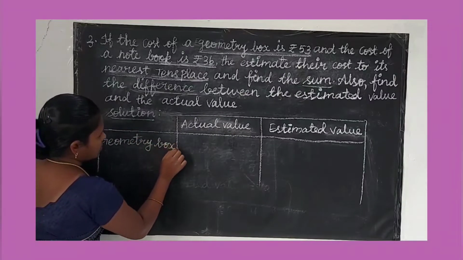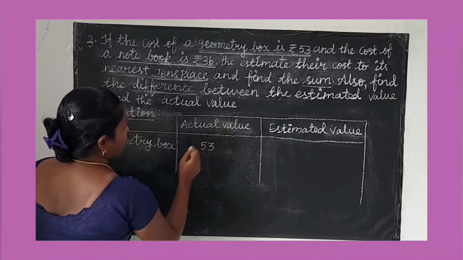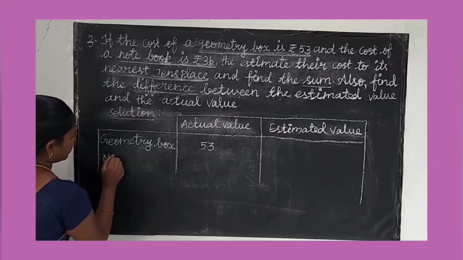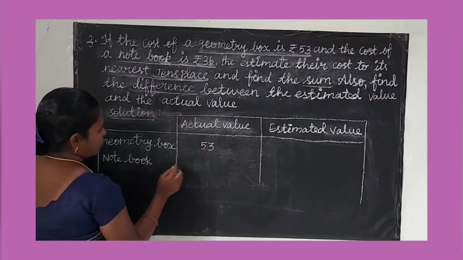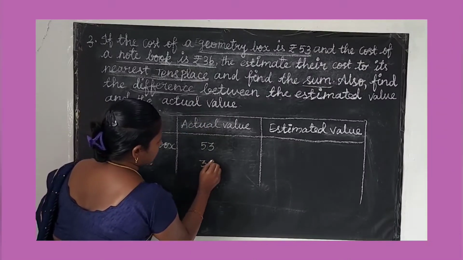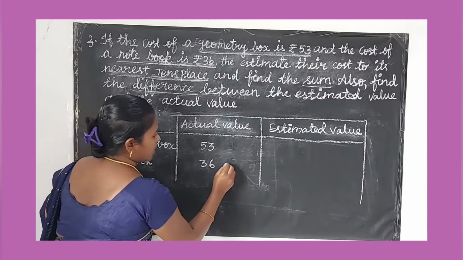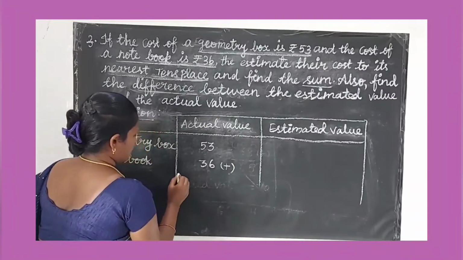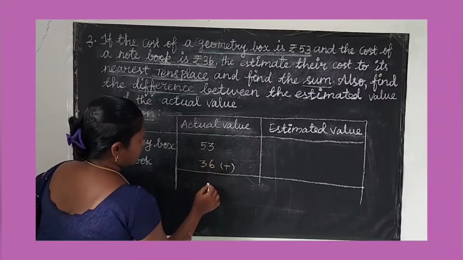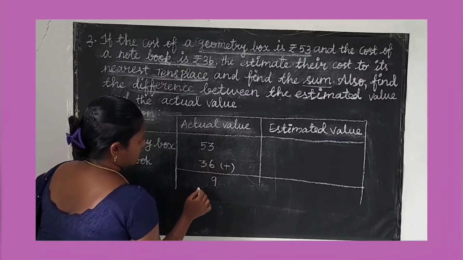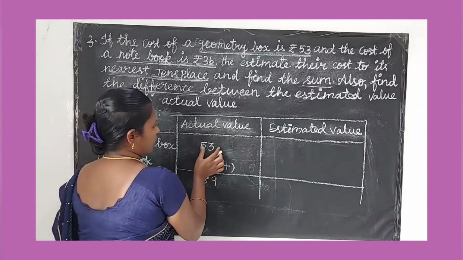Geometry box, the value is 53, and then the notebook value is 36. Now the sum is addition, so put the plus symbol. Now add the values. 3 plus 6, 9. 5 plus 3, 8.